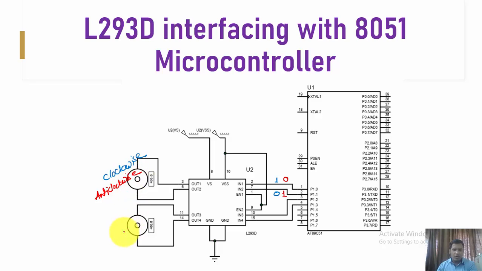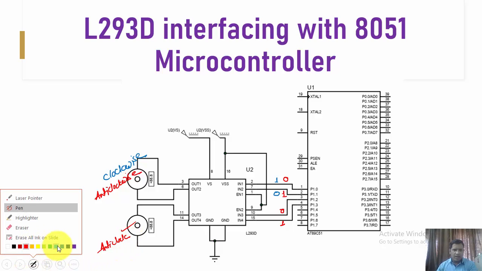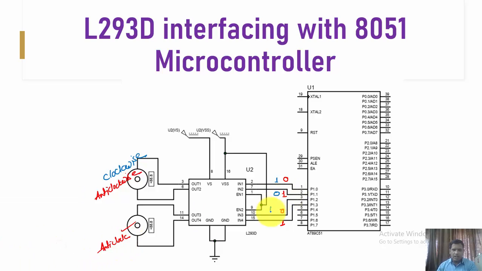The same is true for motor 2 here. If this bit is 0 and the second bit is 1, it runs in anti-clockwise direction, whereas if my first bit is 1 and this bit is 0, it runs in clockwise direction.